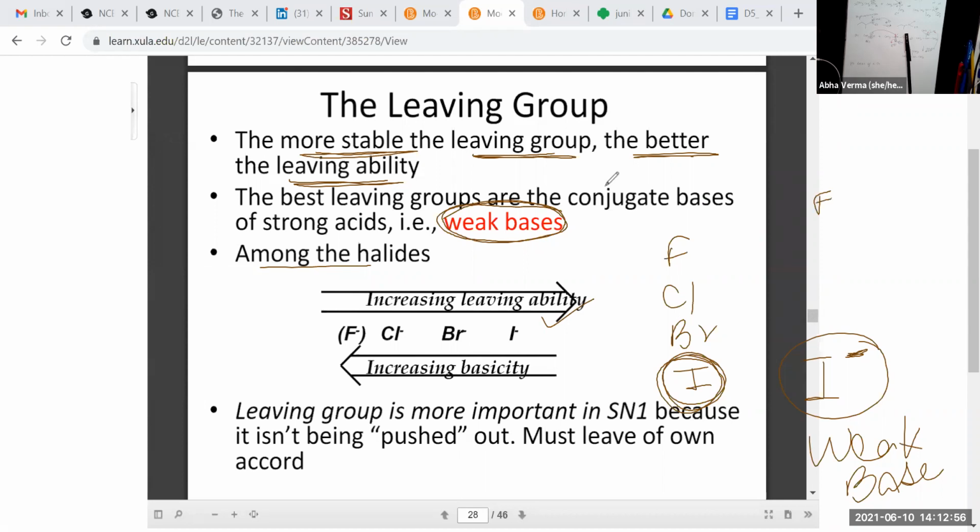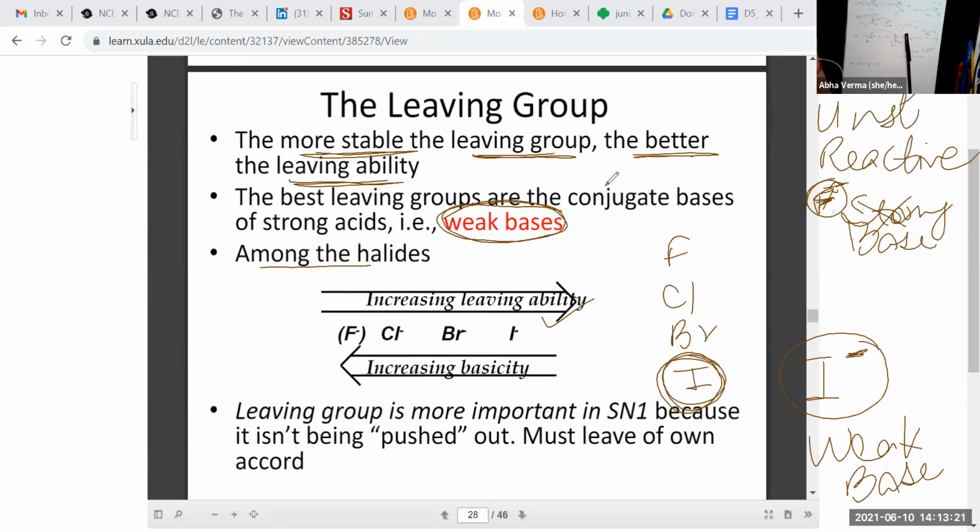Fluoride, on the other hand, which is a very small atom where the spread of electrons cannot happen, is considered a strong base. Well, not a strong base also, but it does not want to give away its electrons. So we don't consider it as strong, we just consider it as unstable and reactive. So among the halides, iodide, bromide, and chloride have the best leaving abilities. We don't consider fluoride to be a leaving group.